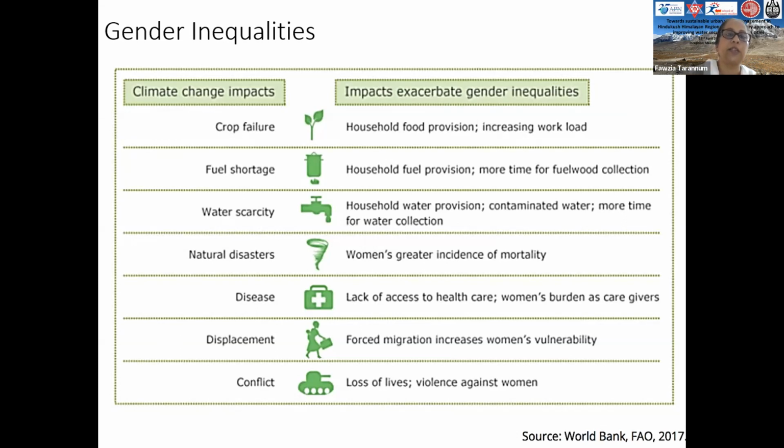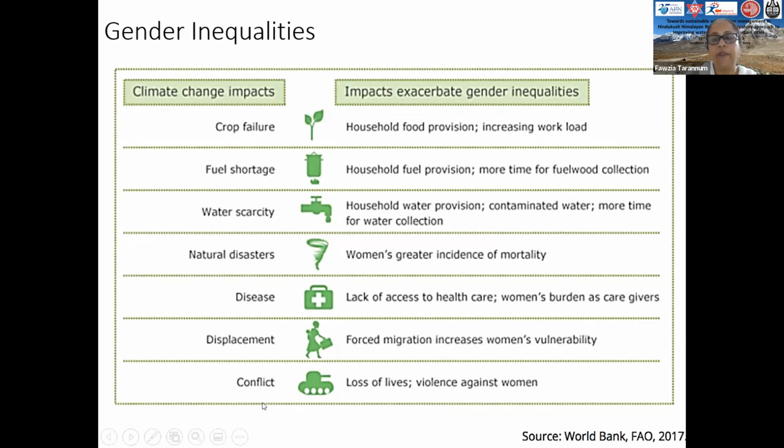So when there is a disease or an outbreak or an epidemic or pandemic, you have seen it in COVID, how it has impacted women, not just in looking after the family, but also in how their workload increased, how domestic violence increased during the pandemic. So what are the resulting impacts of many of these things?